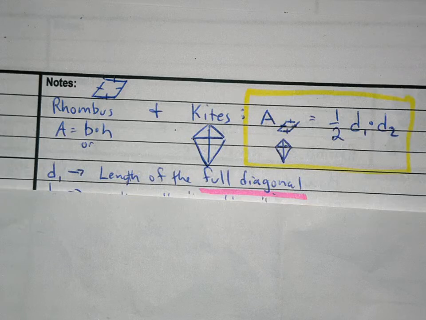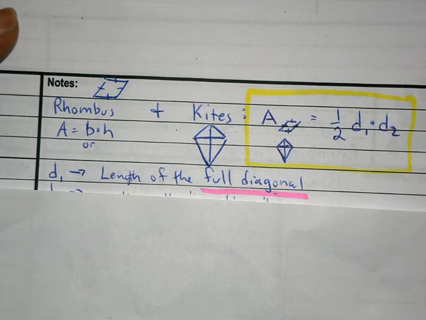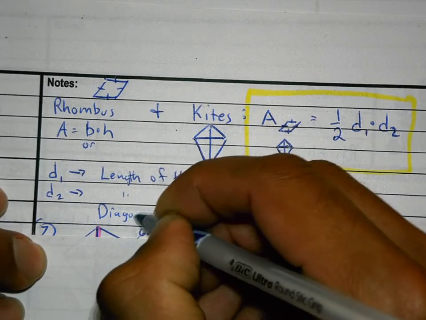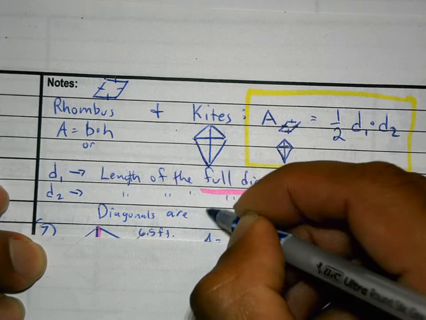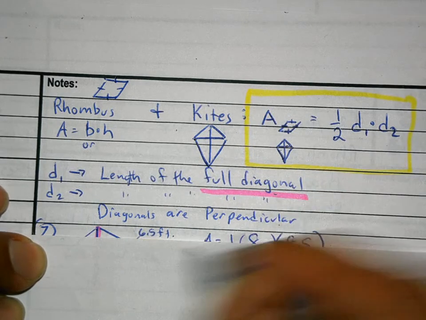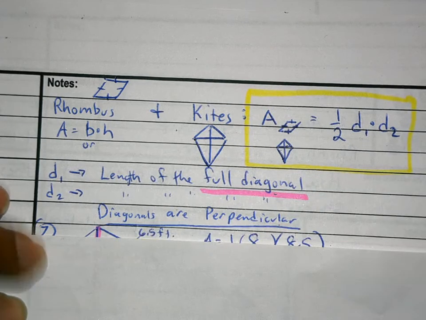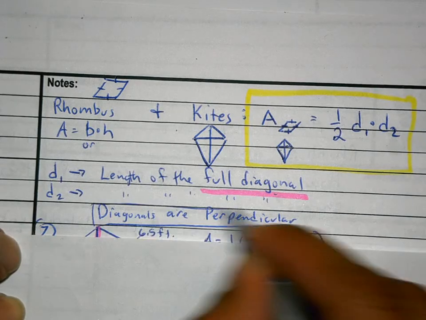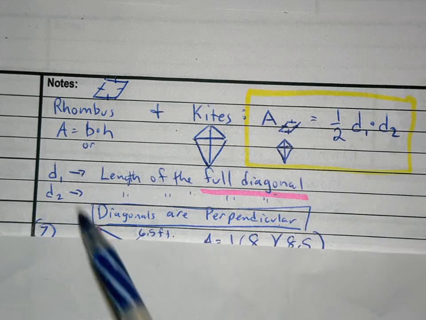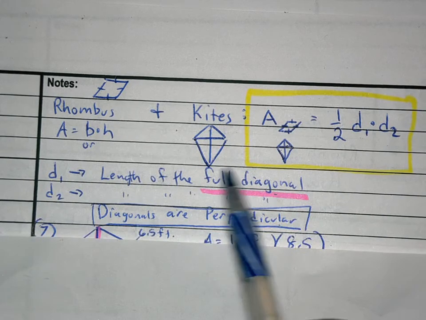The neat thing about a rhombus and a kite is that their diagonals are perpendicular. I didn't write that anywhere on here, so I need to write that down. The diagonals are perpendicular for both. When we have this formula d1 and d2, d1 is the length of the full diagonal.